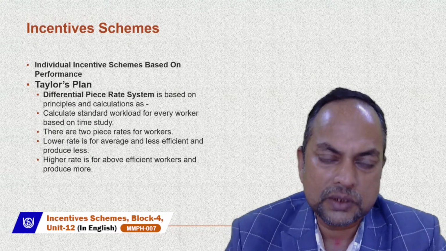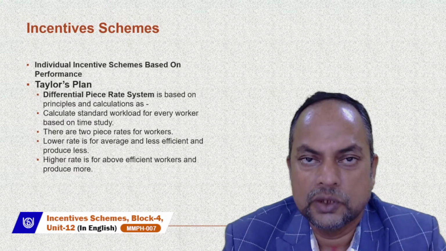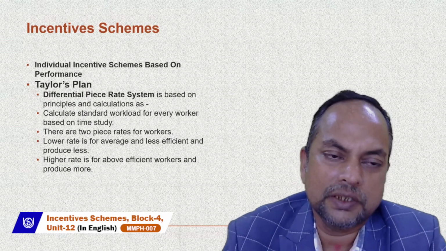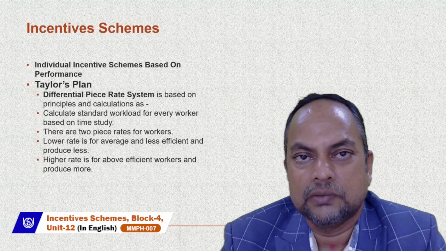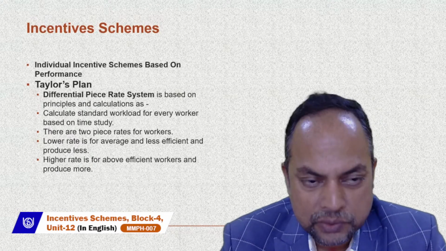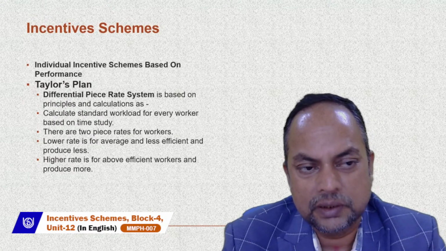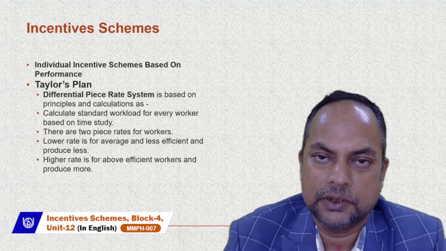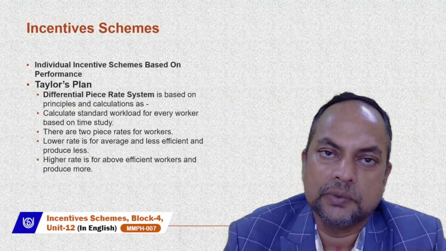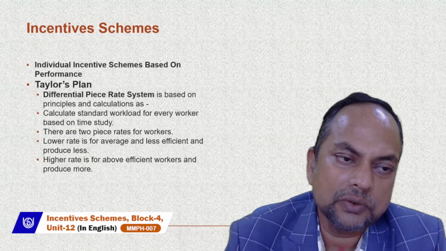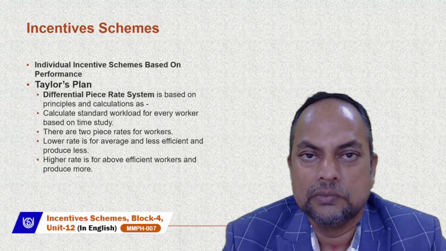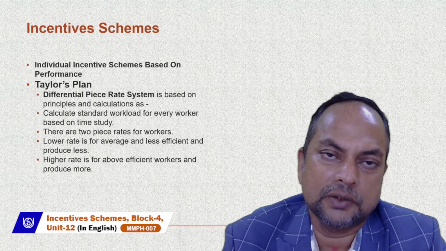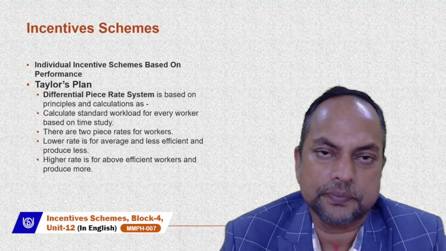Say, 1,000 units, right? We will talk of, say, per unit, even if we are charging 2 rupees. So Taylor says, okay, all those workers who will produce less than 1,000 units shall be paid 2 rupees, and all those workers who are producing 1,000 or more than that will be paid at 3 rupees or 2 rupees 50 paise.